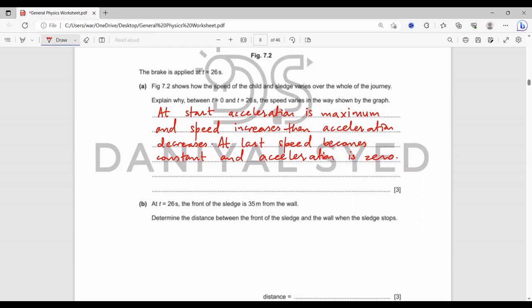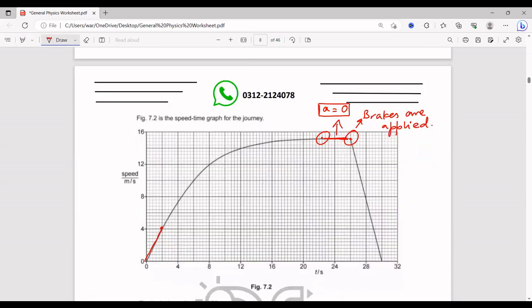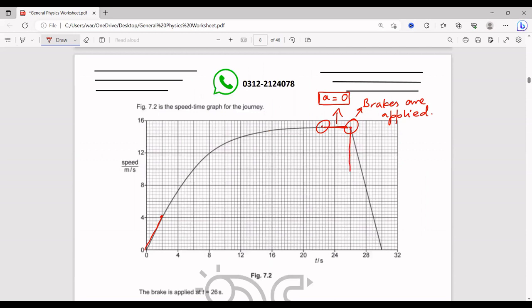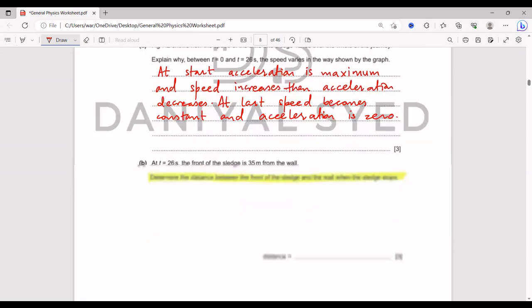Okay. So, how can we calculate the distance between the front of the sledge and the wall when the sledge stops? We have to calculate the area under the graph. Okay, bacho? This is 26. This is a right angle triangle. So the formula is half into base into height.